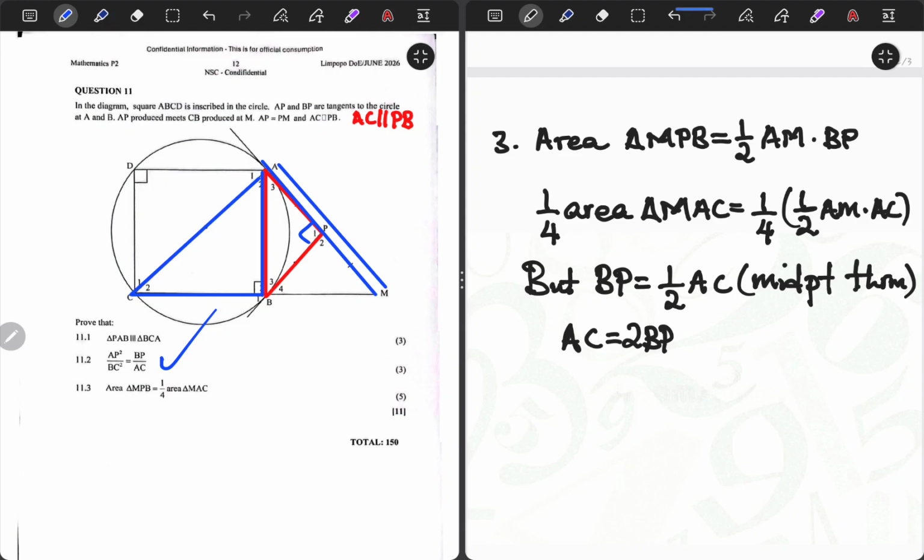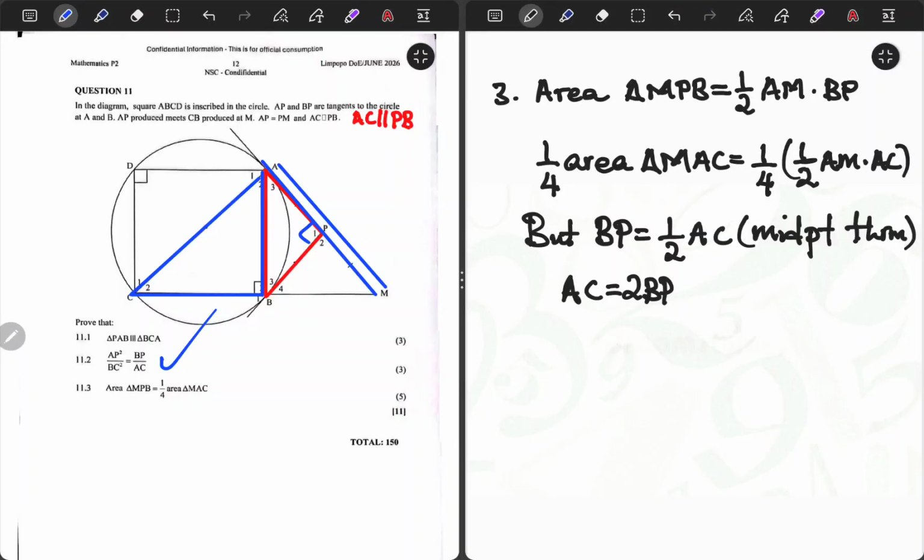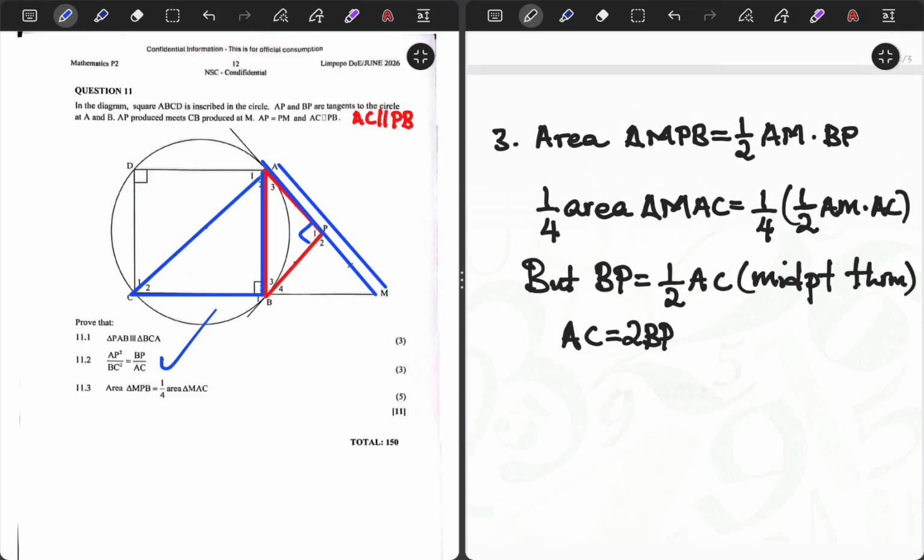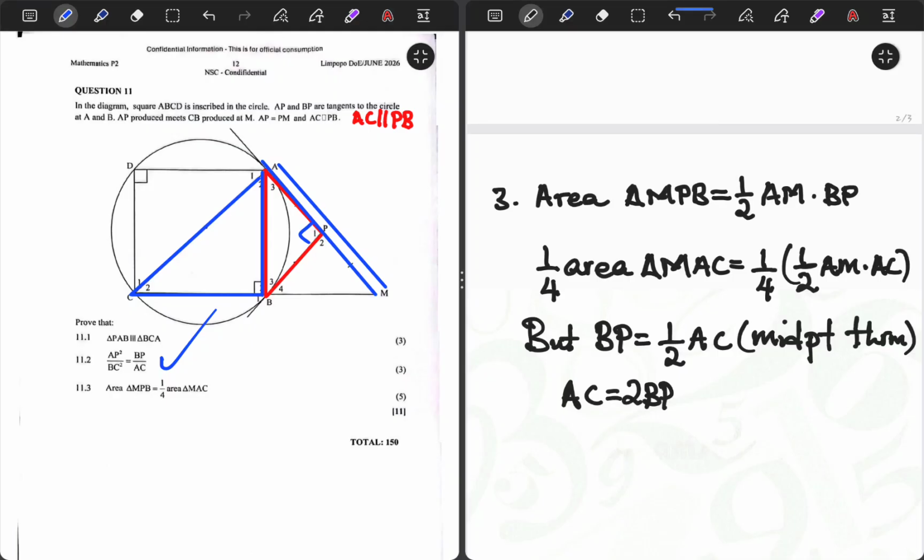What about my right hand side? Where there's AC, I can replace by 2 BP. Okay, let me track back. The area of triangle MPB have base.